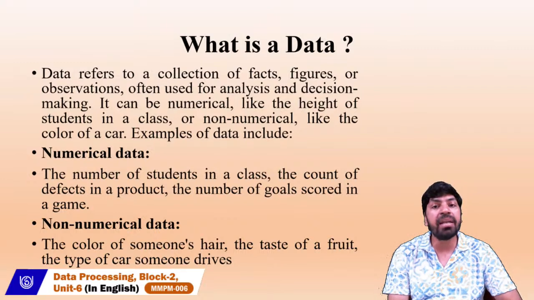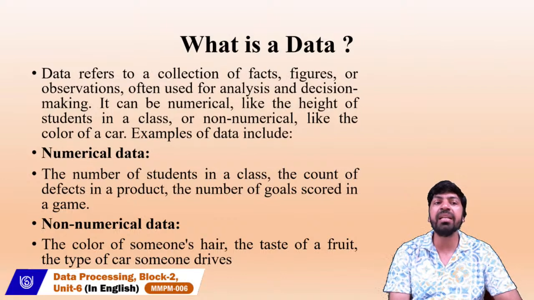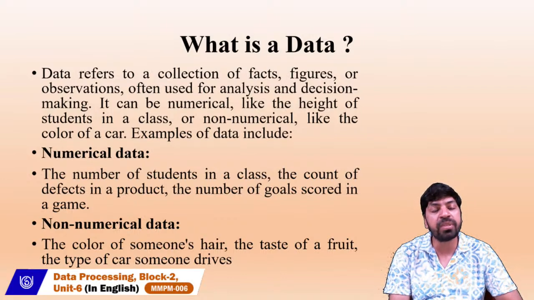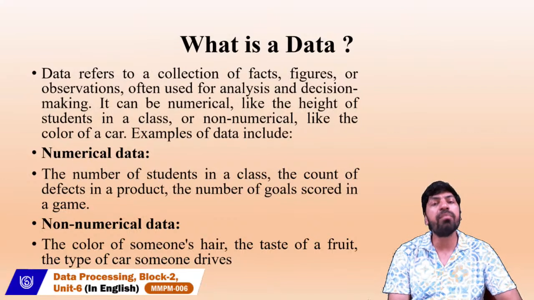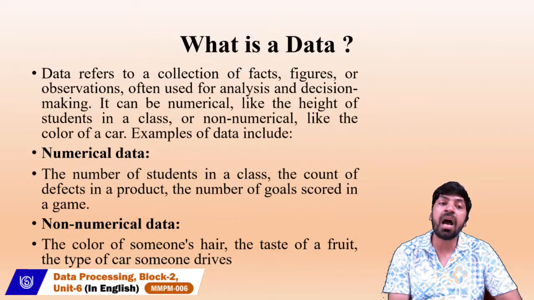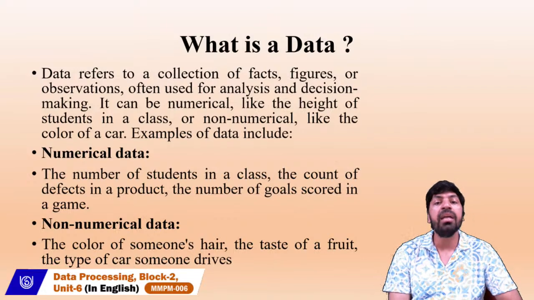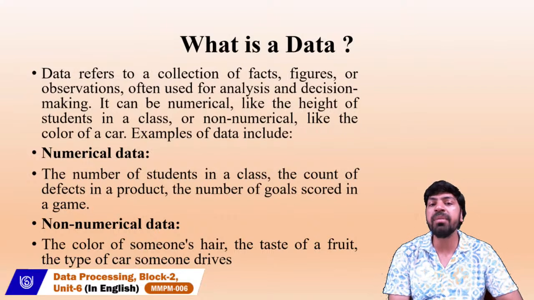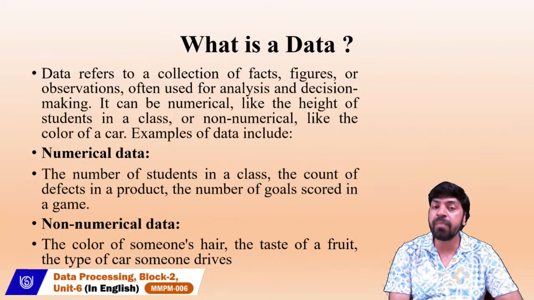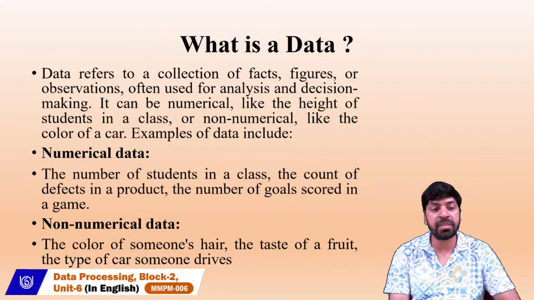So it can be numerical. You can take plenty of examples like weight, height, the number of students in a session, etc. And it could be non-numerical, like the color of a car or the color of an eye. So there are plenty of examples of numerical or non-numerical data in a broad perspective.